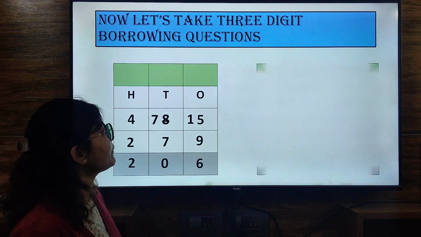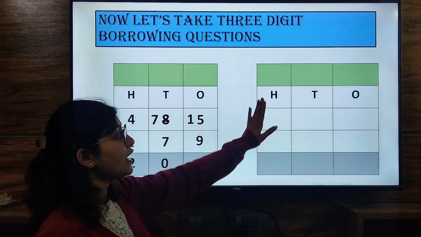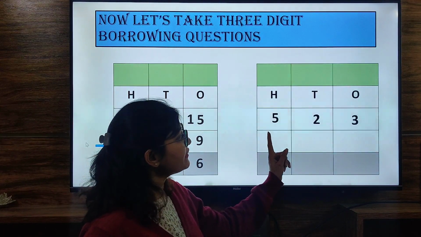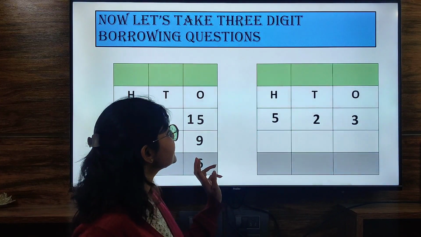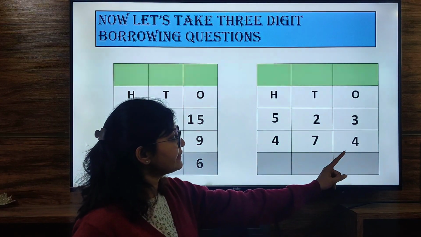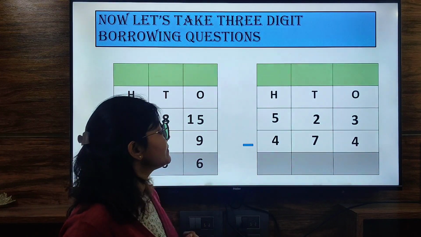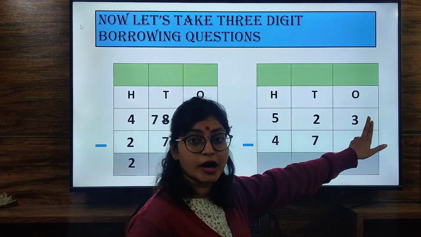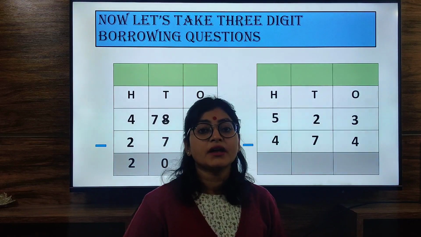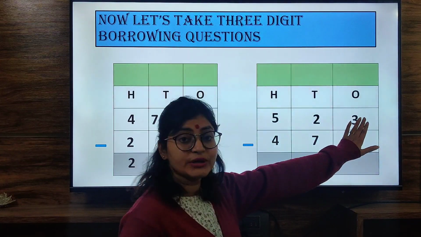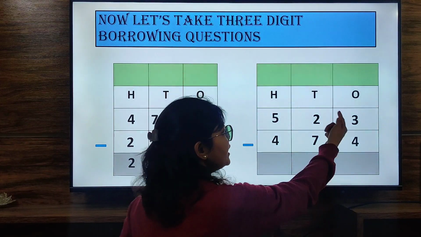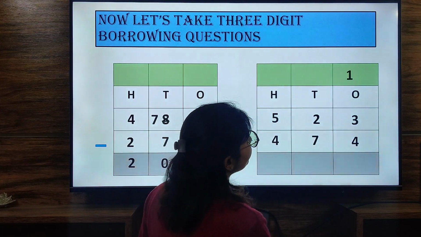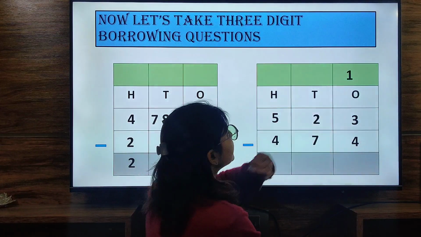Let's take another problem question. Hundreds, tens, ones. First number is 523 and second number is 474. Subtraction sign. Again in the ones column I have 3 on top and 4 at the bottom. Because 3 is a lower number, 3 will again borrow 1 from its neighbor here.